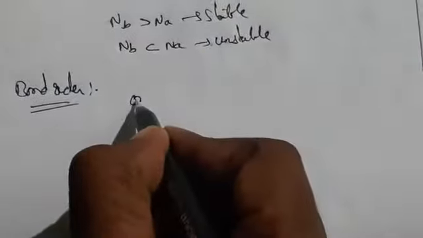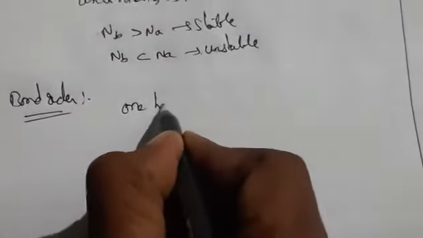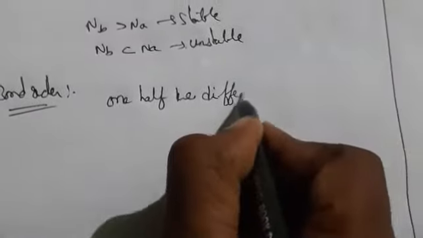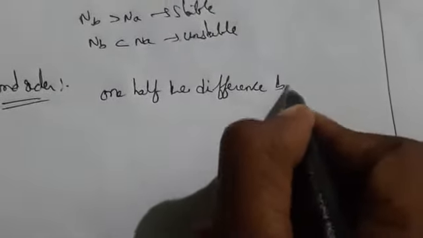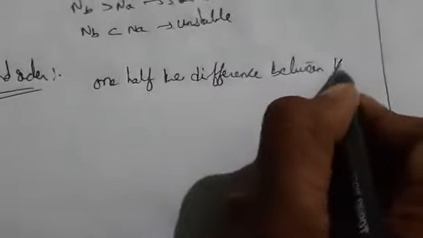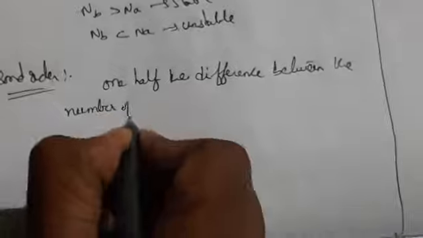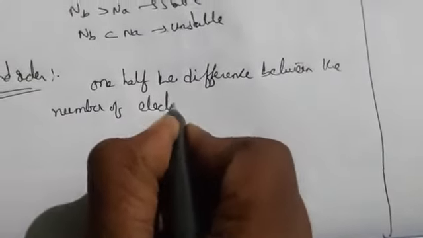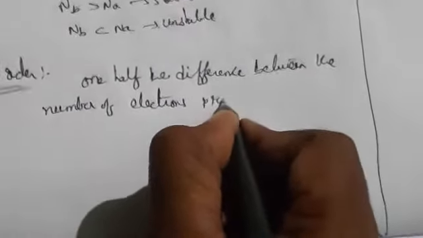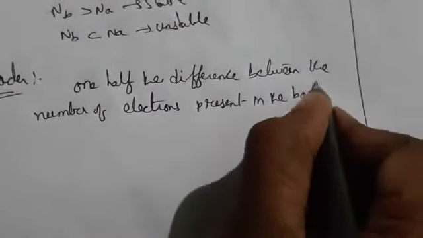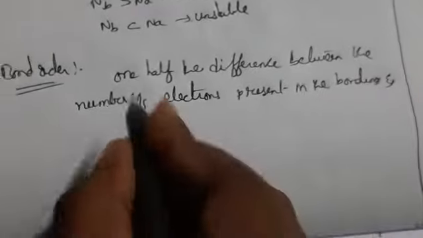So bond order is nothing but one half the difference between the number of electrons present in bonding and anti-bonding orbitals.